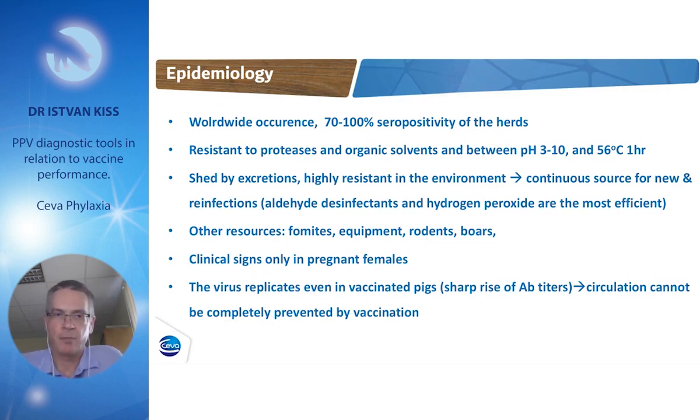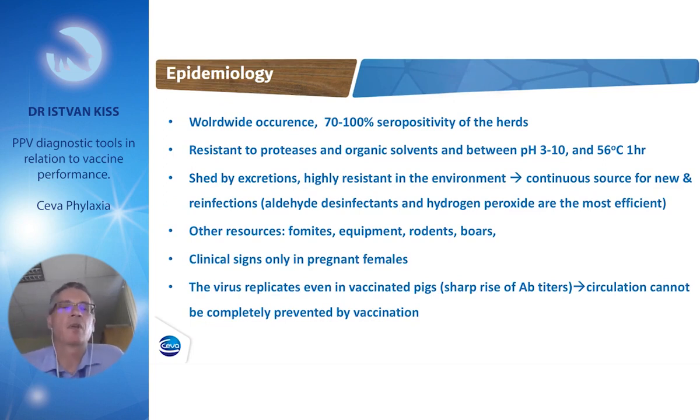But there are some chemicals that can be used with confidence to fight them. But it is an important factor that they can be almost everywhere, and they can be carried around by fomites, equipment, rodents, and as we learned, even by contaminated semen.